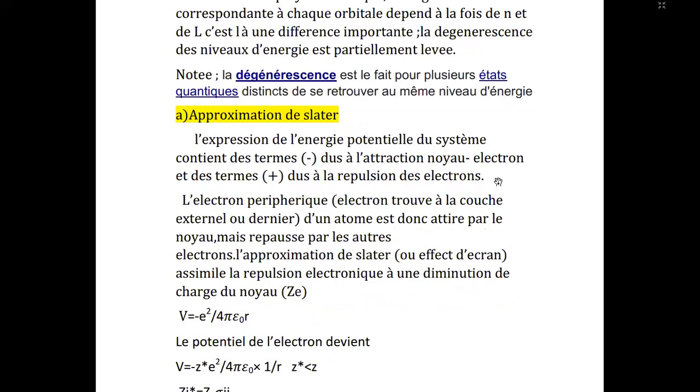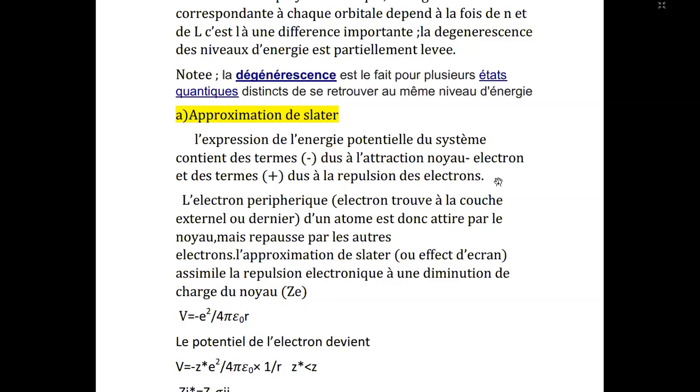We all know that when you have an atom, the potential energy of the system contains a negative term, meaning there will be attraction between an electron and the nucleus, and a positive term, meaning there will be repulsion, to repel, meaning to go apart, between electrons.